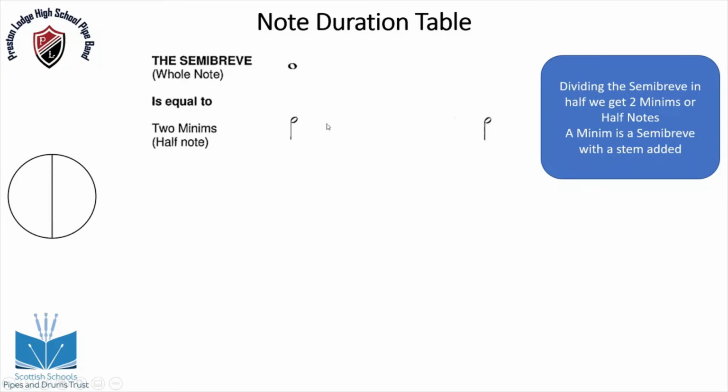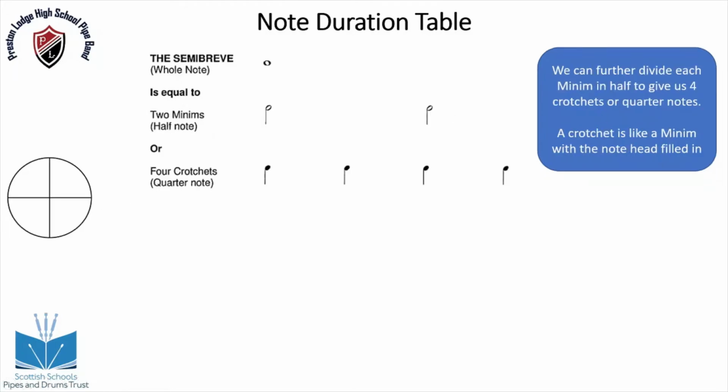And the minim was our hollow note head with a stem. And notice here, it's split in half now. Okay? And our next note was our crotchet. Boom, there it is. So the minim is equal to 2 crotchets, and the 2 minims equals 4 crotchets, sorry.